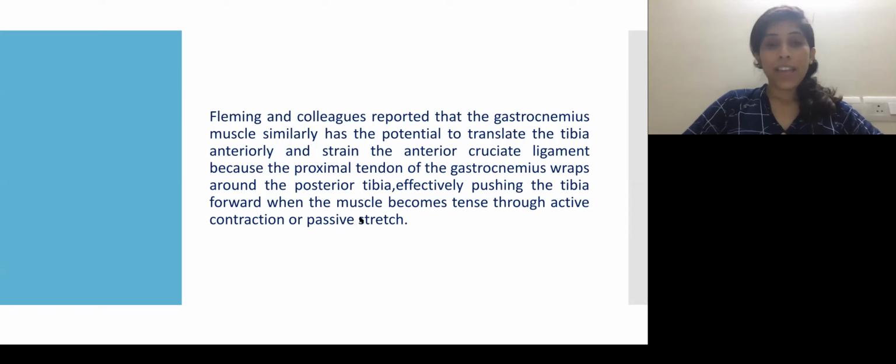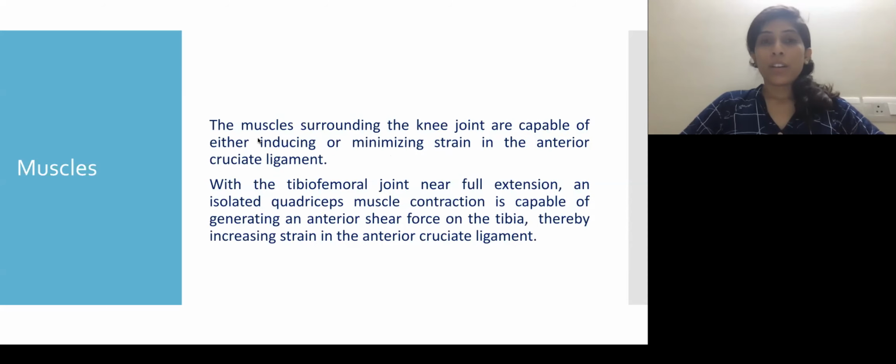Then the scientists Fleming and their colleagues reported that some muscles help to support the ligament. So whenever these ligaments are not giving their 100% to control the motion, these muscles are also somewhat helping them, and some muscles are such that they increase the strain, or increase the workload, on this ACL ligament.